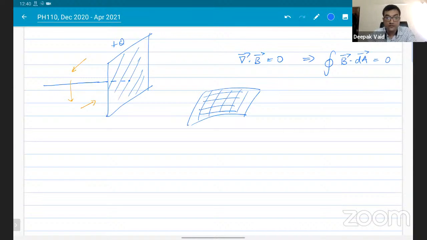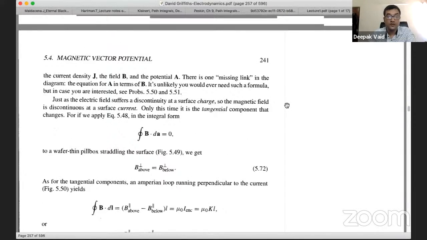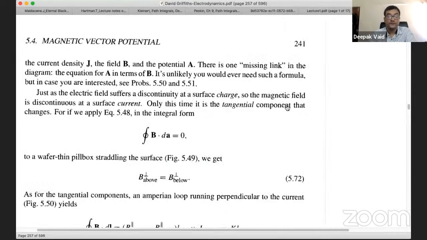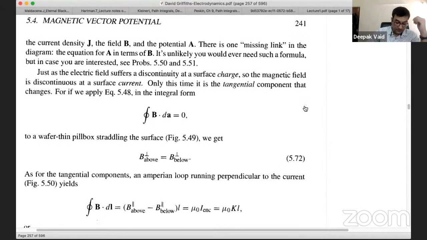Right. So let me show you what I'm trying to tell you by sharing this slide from Griffiths. What happens with the magnetic field is that if you look at the flux of the magnetic field through any surface, it is 0.